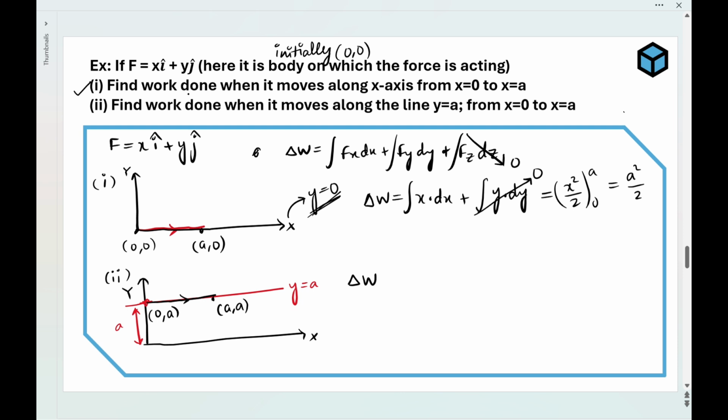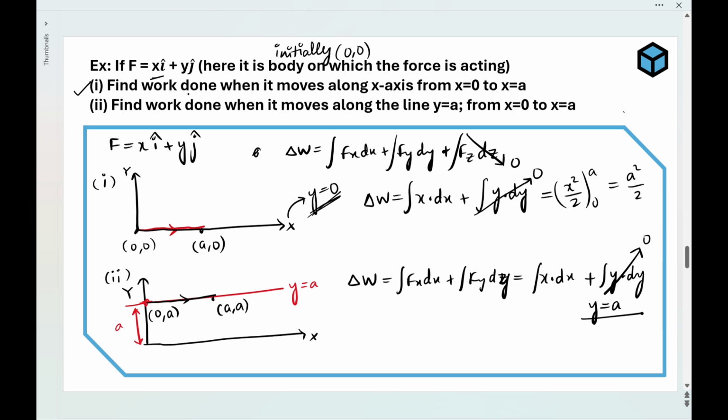So delta W would again be Fx dx plus Fy dy. No worries about the z part. So it's x dx, because Fx is the x component, which is mentioned over here clearly as x, plus y dy. So again this factor will go to 0. y is a, but y is a constant.